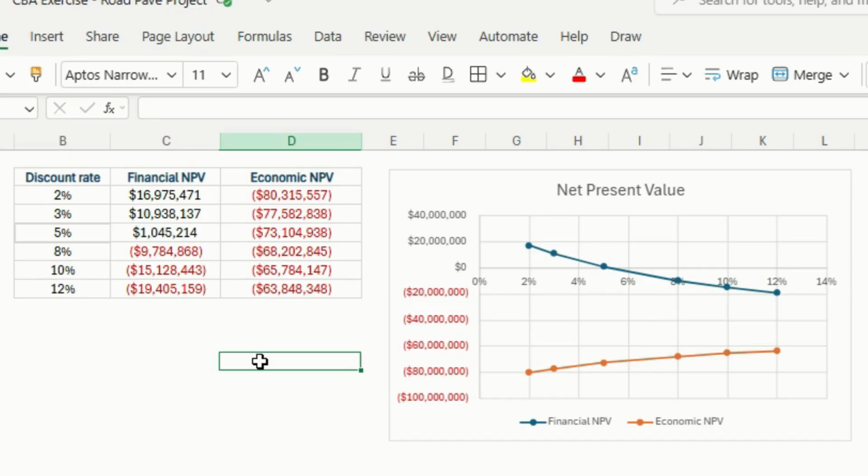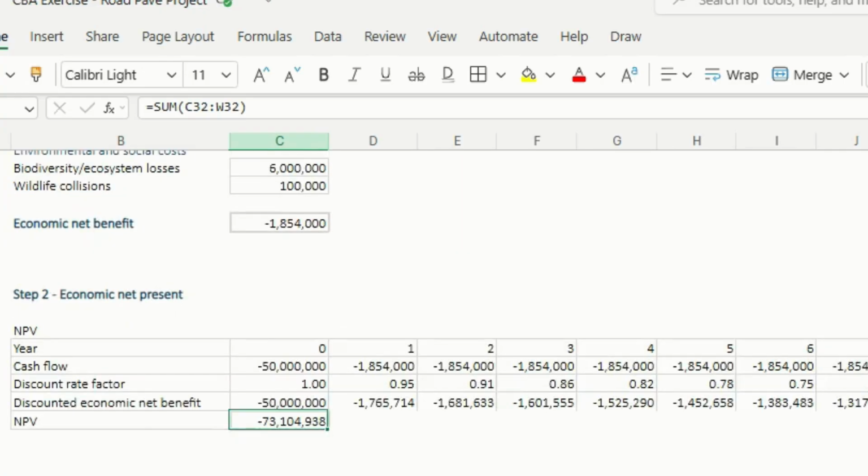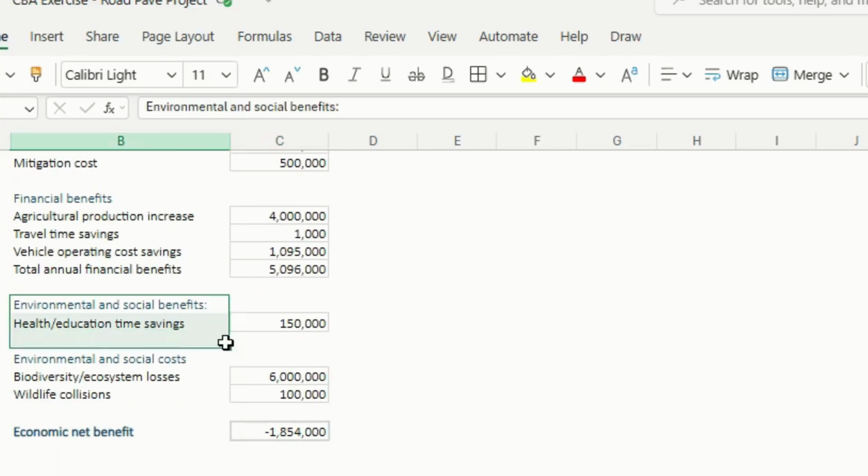This is true for almost every real-world CBA. When calculating the economic net benefit, we did not assign a monetary value to cultural impacts or the effects on indigenous communities living nearby.